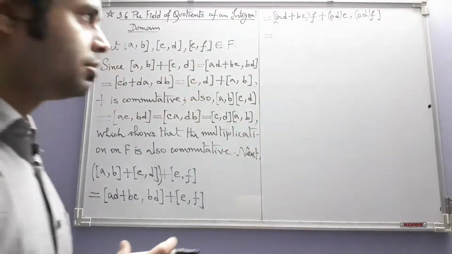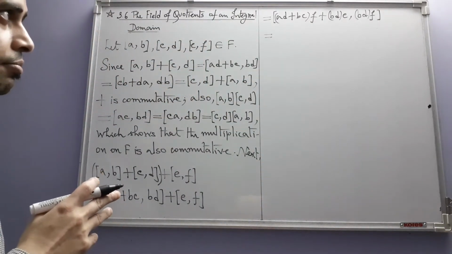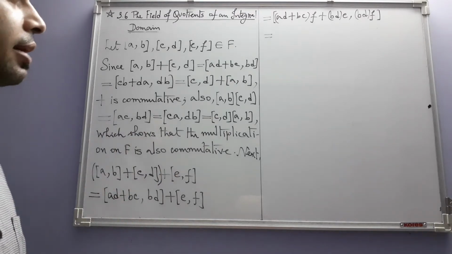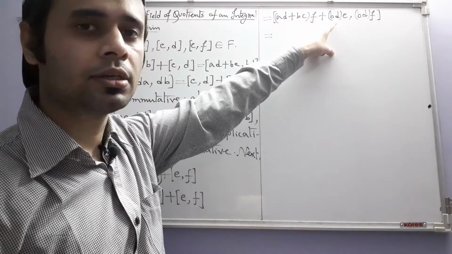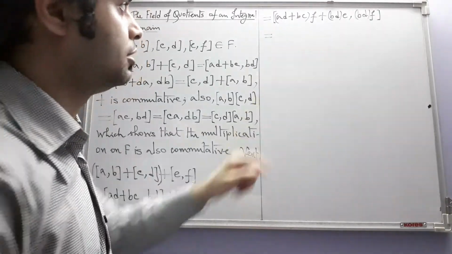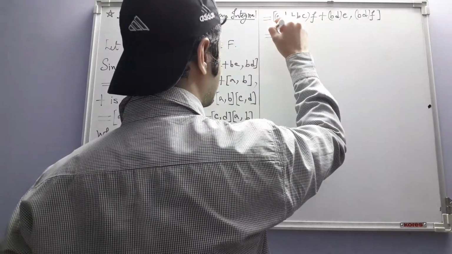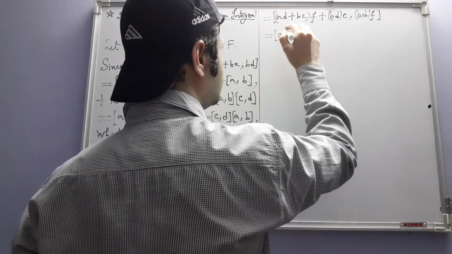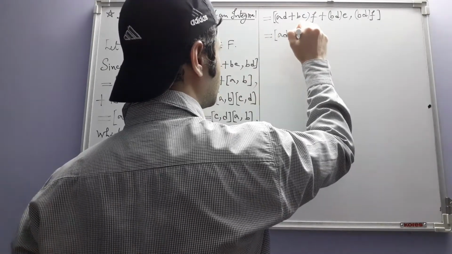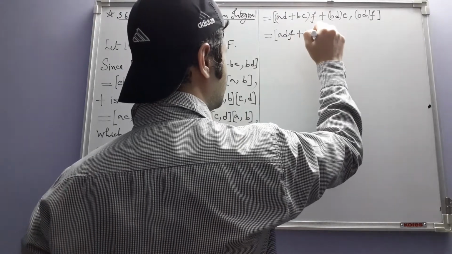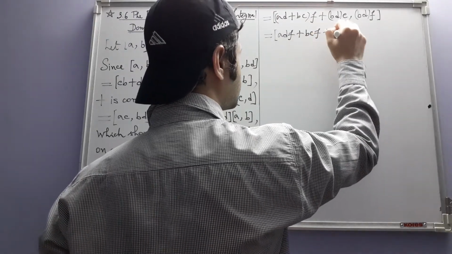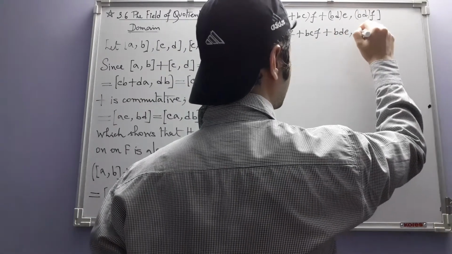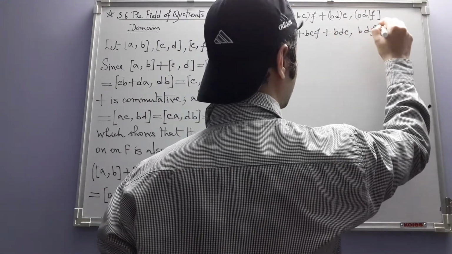Using the right distributive law available in the integral domain, and the fact that multiplication is associative in the integral domain, we can write this expression like this: (adf plus bcf plus bde, bdf).